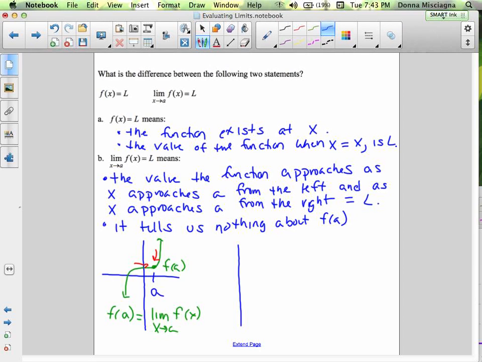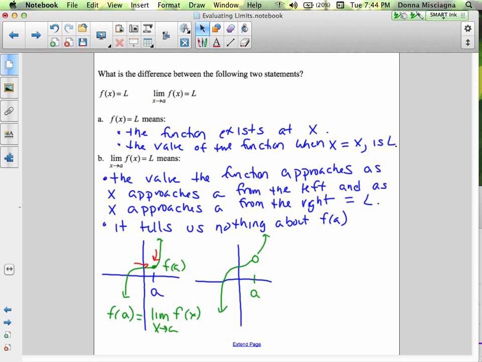It could be that we have this second scenario. There's a again. If you look here at a, f of a doesn't even exist. That's a hole in our graph.